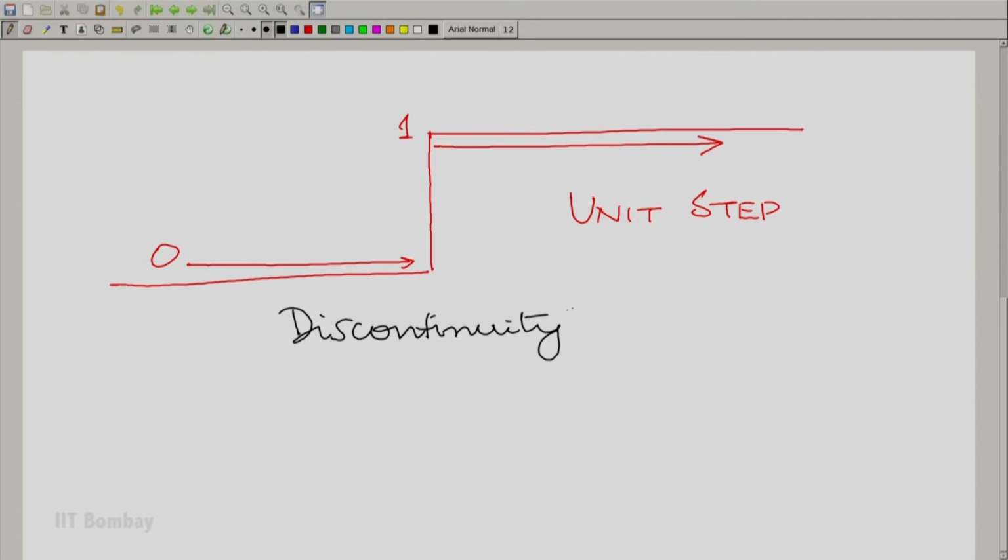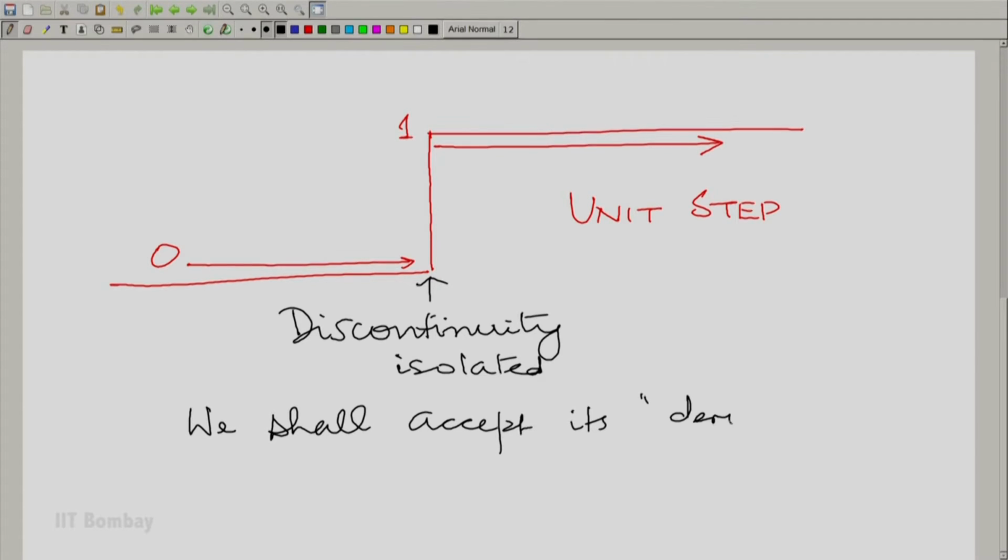So, discontinuity isolated. So, we are saying that we shall accept its derivative. And now, just to complete what we were trying to do last time, we shall actually find the derivative of this in the traditional way that we do in calculus.